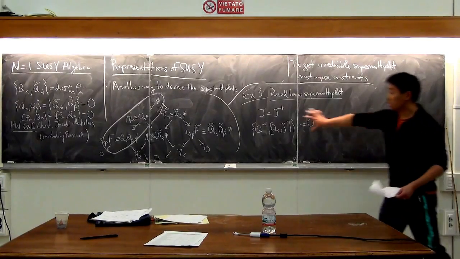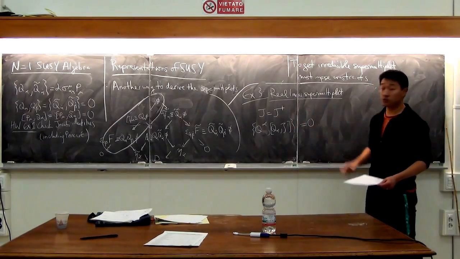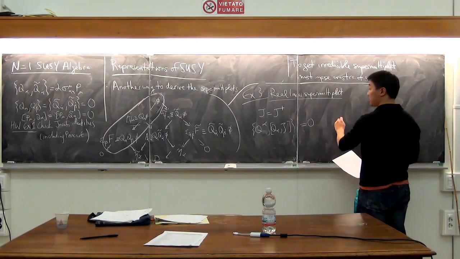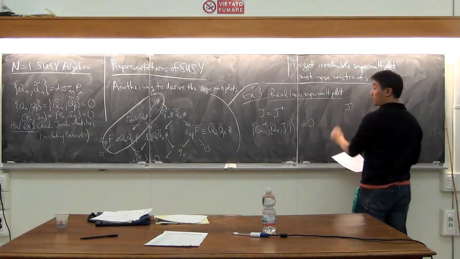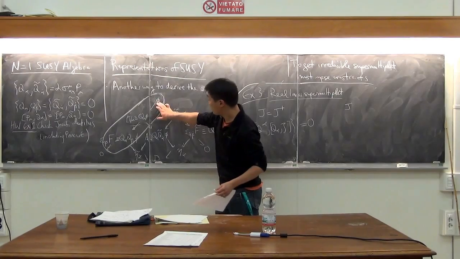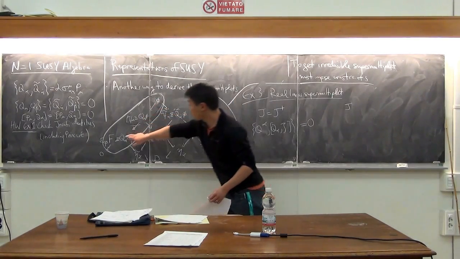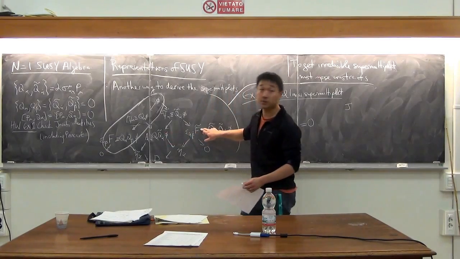So this, I claim, is what you would need to describe a conserved current. And so let's just see how that happens. If I start off with J, where does this stop? So this becomes 0, and this becomes 0.